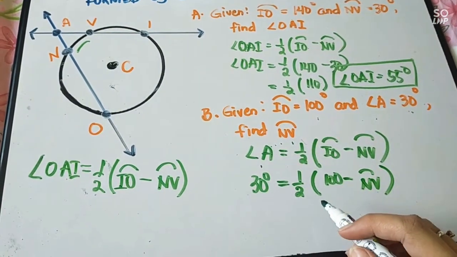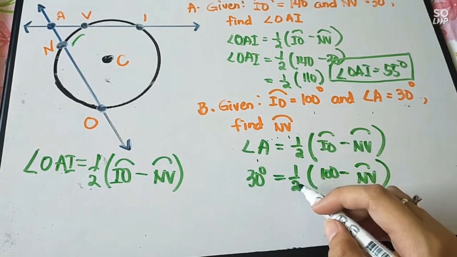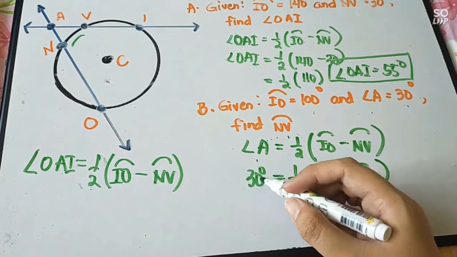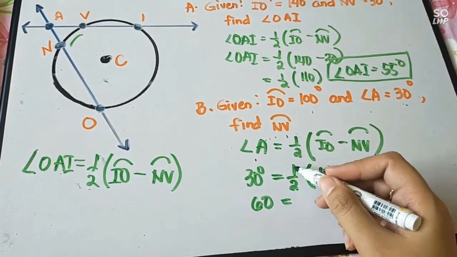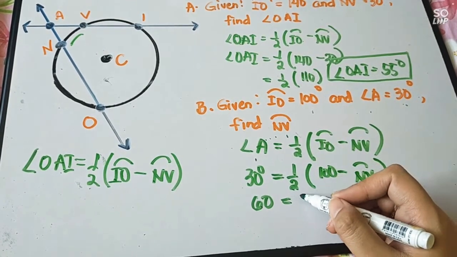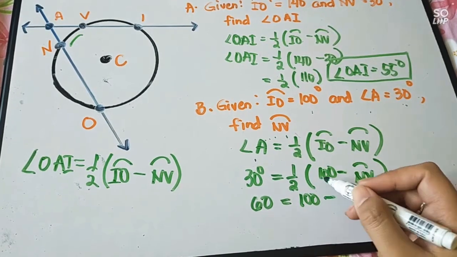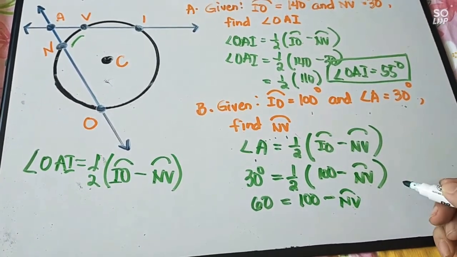So, how you are going to solve this one? So, since may fraction ka dyan, cross-multiply mo lang yung 2 dun sa kabilang side. So, since cross-multiplication, 2 times 30. So, the answer here is 60. Equal, natira na lang dyan ay 1. So, wala na siya. 100 kasi 1 times 100 is 100 pa rin. Minus 1 times arc NB ay arc NB pa rin.